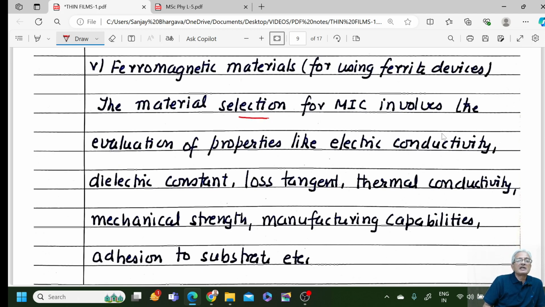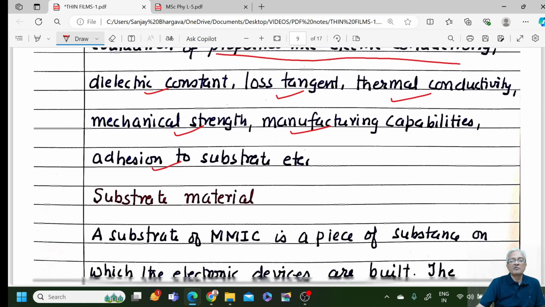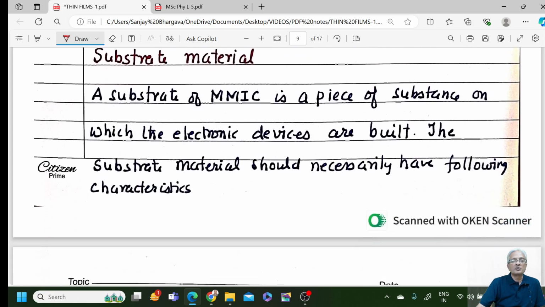The material selection for MIC involves the evaluation of properties like electrical conductivity, dielectric constant, loss tangent, thermal conductivity, mechanical strength, manufacturing capability and adhesion to the substrate. All these properties are very important as per the application where the material is to be used.